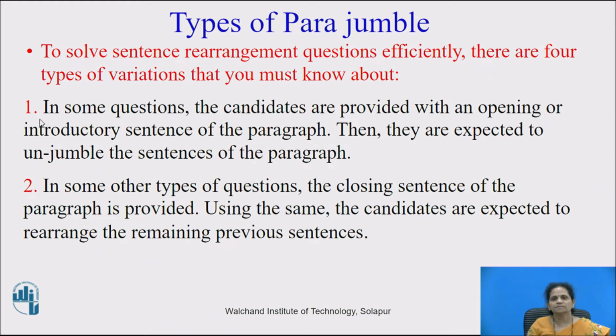Then they are expected to unjumble the sentences of the paragraph. The second one: in some other types of questions, the closing sentence of the paragraph is provided. Using the same, the candidates are expected to rearrange the remaining previous sentences.